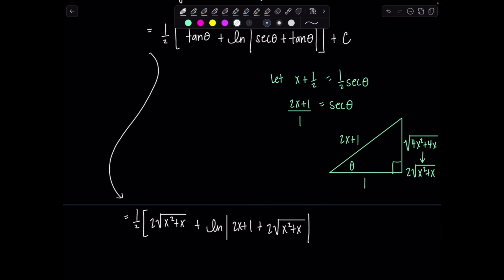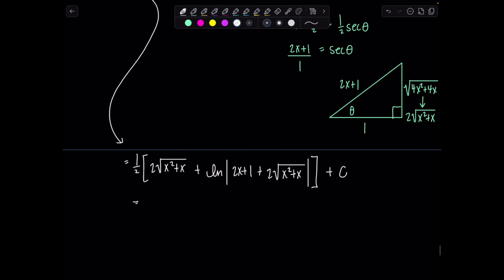Okay, and then close it up, plus c. Okay, very good. Now I can distribute, so then we just have square root x squared plus x plus 1/2 ln. I don't need absolute value because remember, the domain for x was that it had to be greater than or equal to 0, so we know this can't be negative.